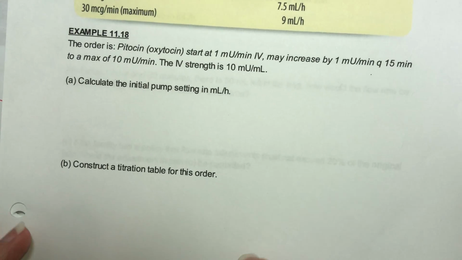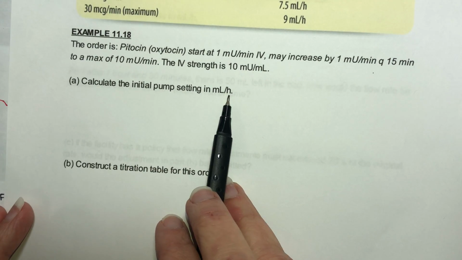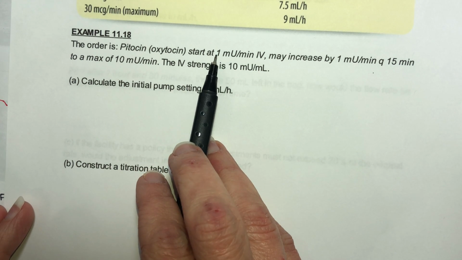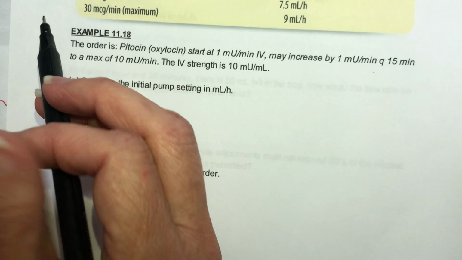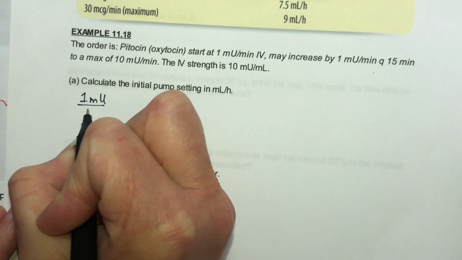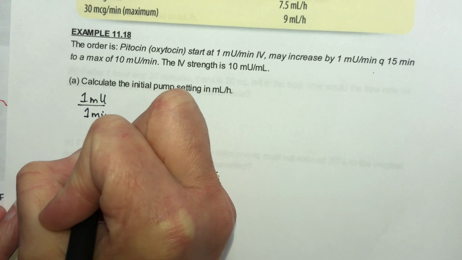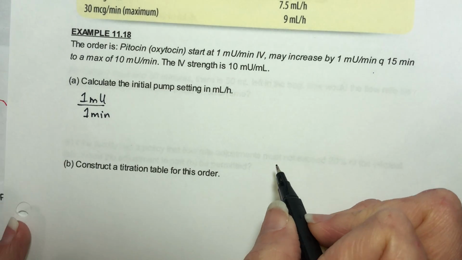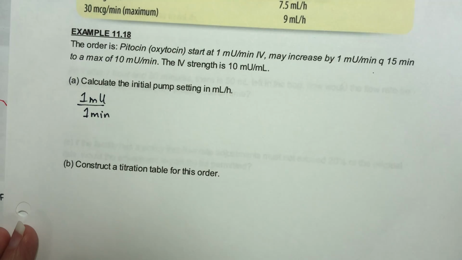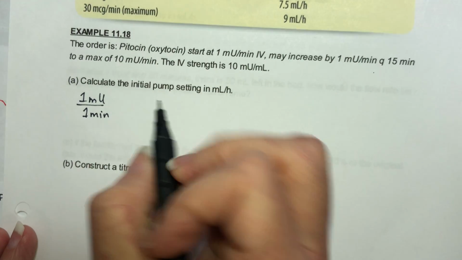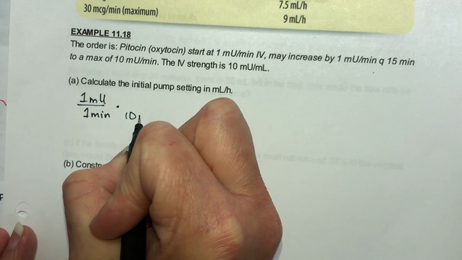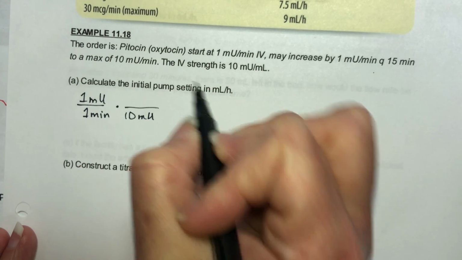All right, so we want to calculate the initial pump setting in milliliters per hour. We're supposed to start at 1 milliunit per minute, and the pump strength is 10 milliunits per milliliter.